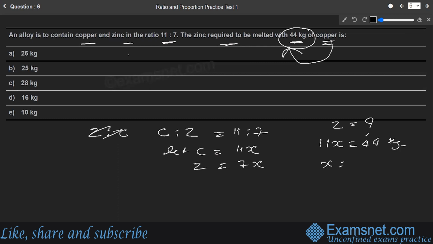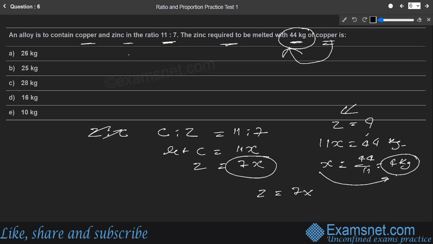So x comes out to be 44 by 11, that is 4 kg. With x as 4, I am supposed to find the zinc value, which is 7x. So zinc value is 7 into 4, that is 28 kg. So 28 kg of zinc is required to be melted along with the 44 kg of copper to maintain the ratio given. So the answer is option number C, 28 kg.